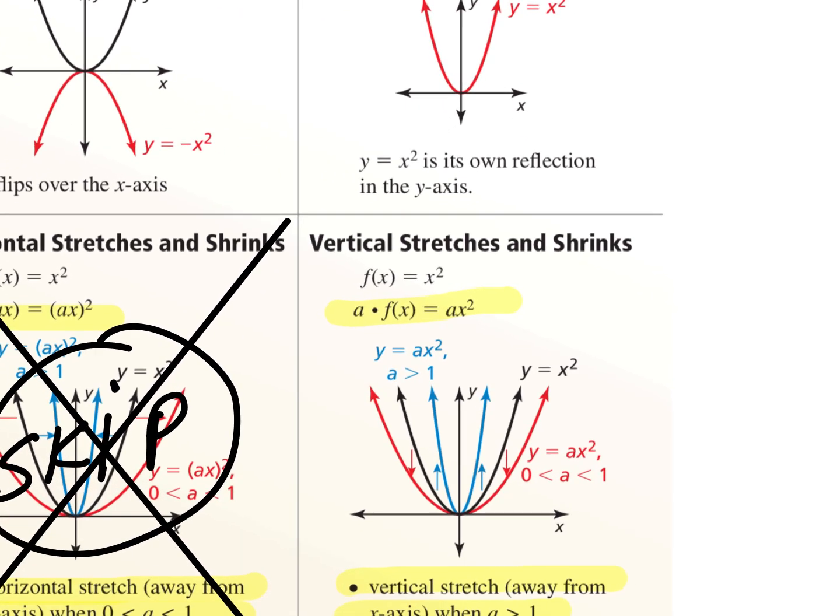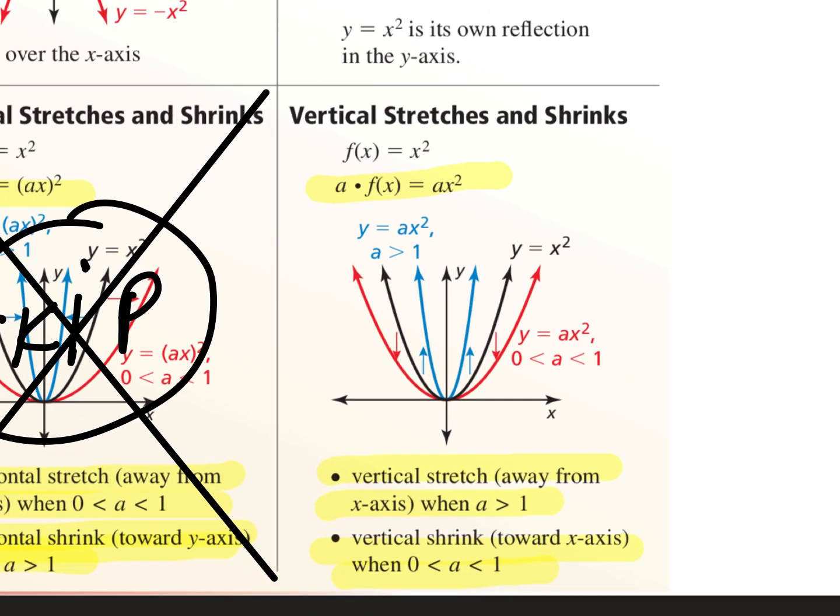All right, the last one is a vertical stretch or shrink. That's when we're multiplying a number outside the parentheses. It'll be like our a. If I had, let's say, 2 times (x plus whatever) squared, that 2 would mean I have a stretch, because we have a vertical stretch when a is greater than 1.